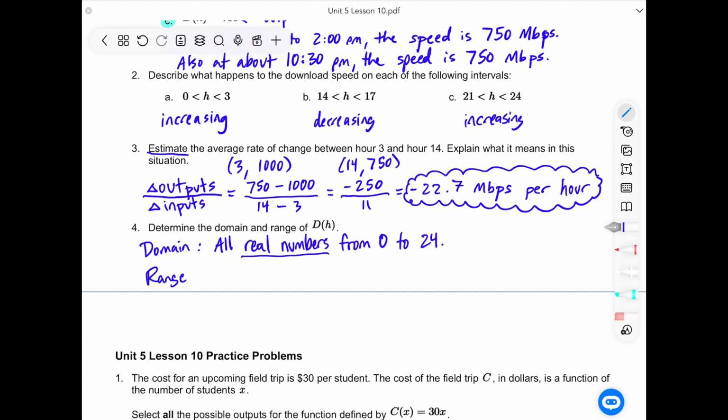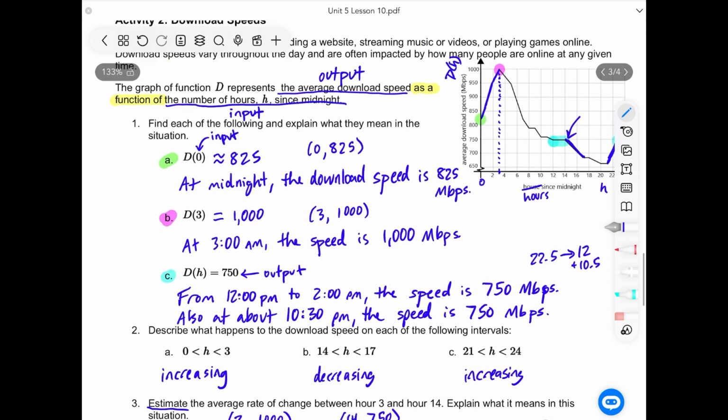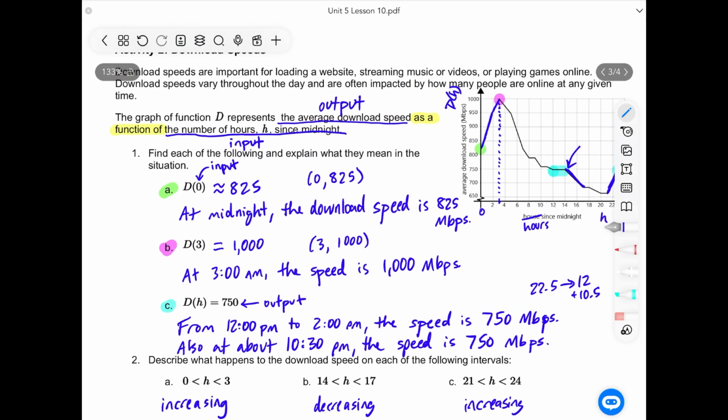Then we want to talk about the range. Based on what we saw in the graph, it appears that the maximum download speed is 1,000 megabytes per second. The minimum appears a little more than 650. Maybe that's 670 or so. Again, kind of having to estimate it. But then notice that the graph actually connects every point in between those two.